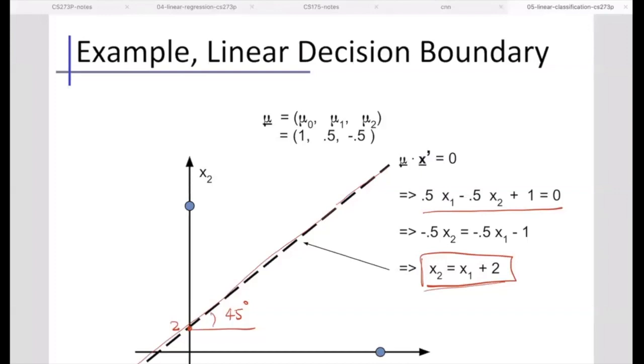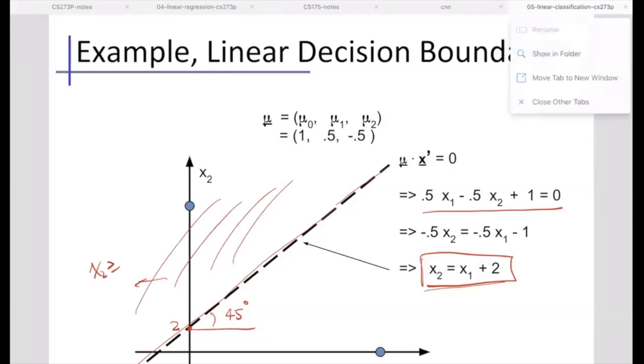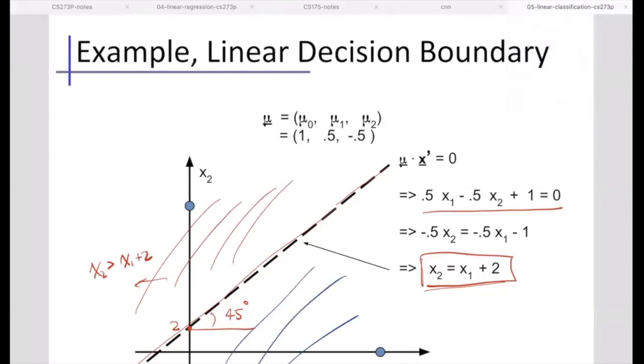And if it's above this line, this region will be x2 greater than x1 plus 2. That will be the space above this line. And for the other side, this side here will be x2 less than x1 plus 2. And you can see that will translate into theta dot x being positive on one side.